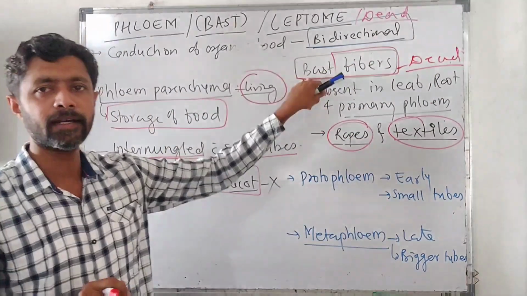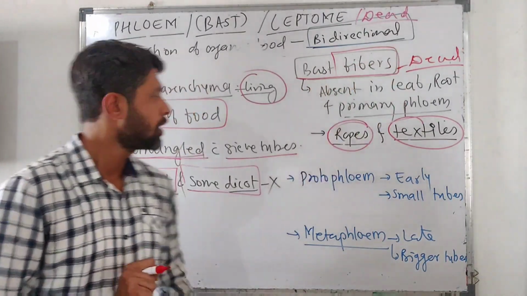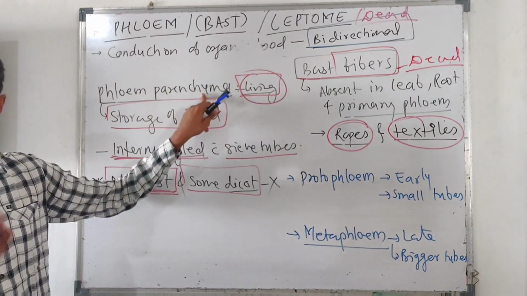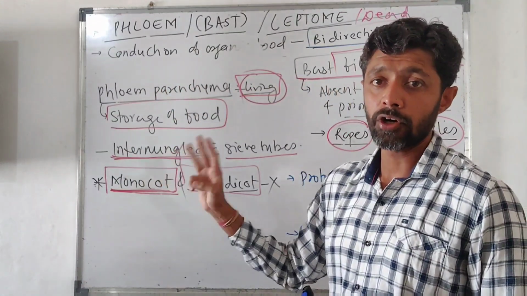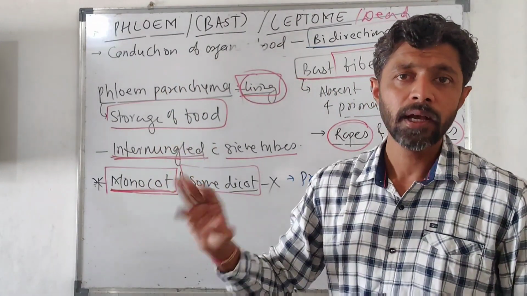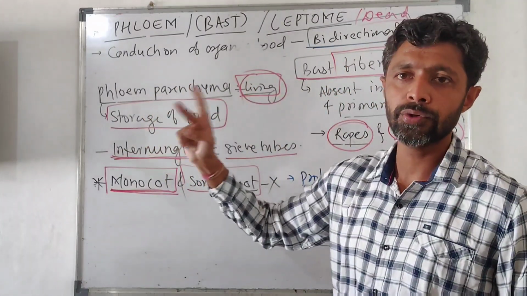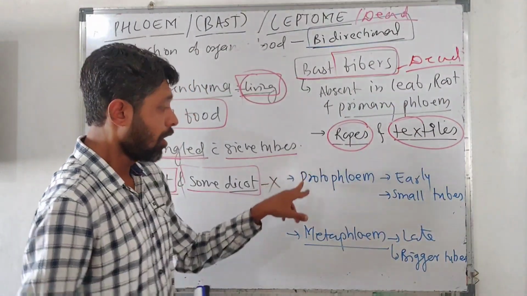So here the only living tissue is phloem parenchyma. Of the four components, three are dead, and only phloem parenchyma is a living one. The rest of the three, sieve tubes, companion cell and sclerenchyma, are dead tissue.